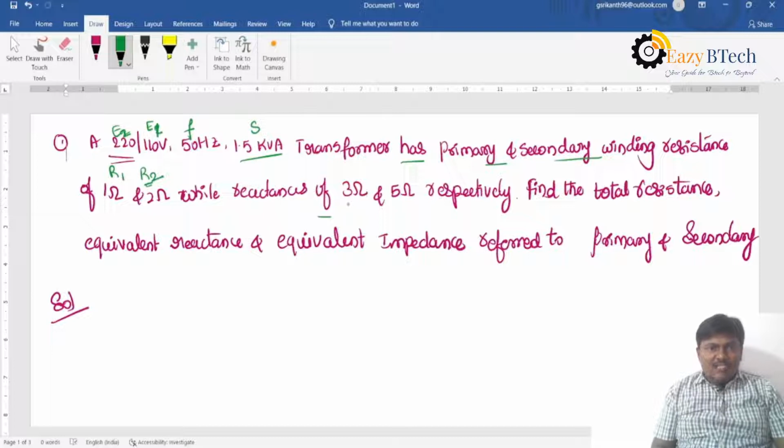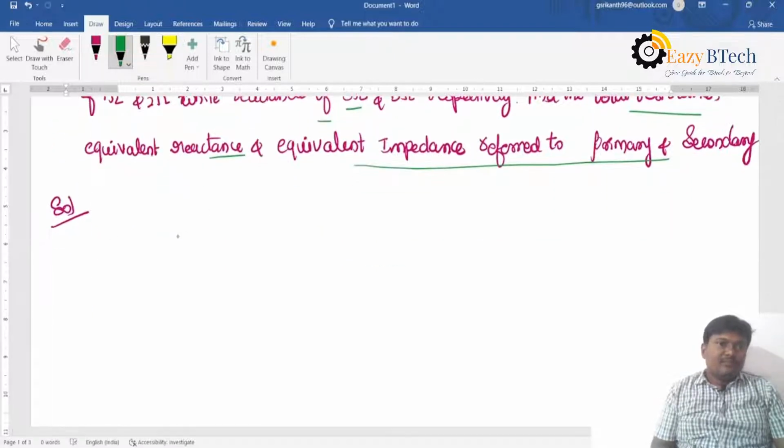While the reactances are 3 ohms, let's say this is X1, and X2 is 5 ohms. Find the total resistance, equivalent reactance and equivalent impedance referred to primary and secondary. So this is a 110 volts by 220 volts transformer.